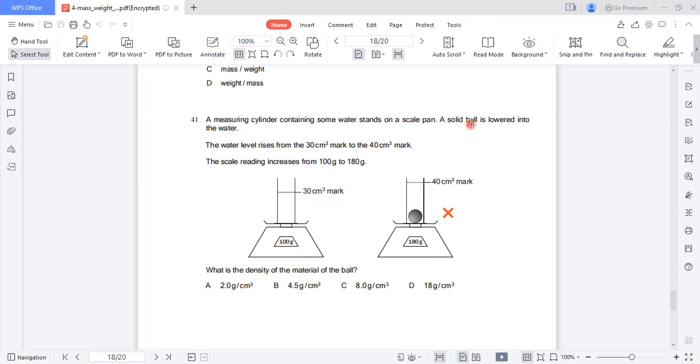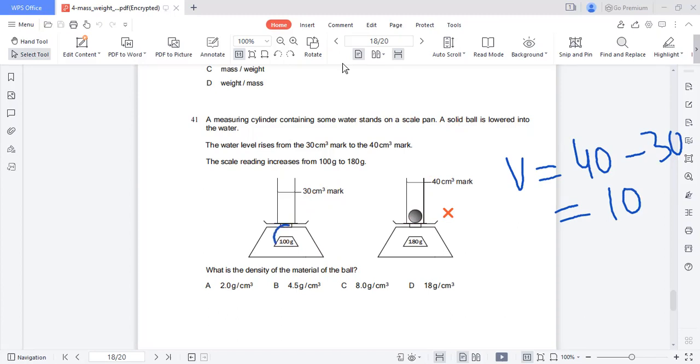Okay, a solid ball is lowered into the water. Now you put the solid ball in it. Now you can see the volume has increased from 30 to 40. So we can find the new volume is 40 minus 30. Previously it was 30. So we can find the difference, which is 10.